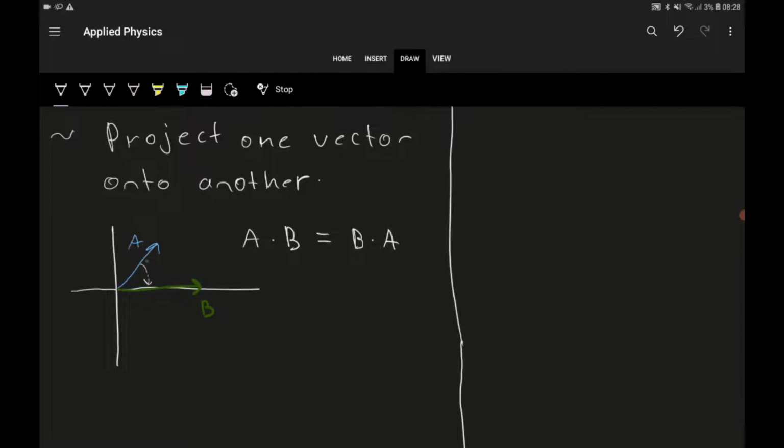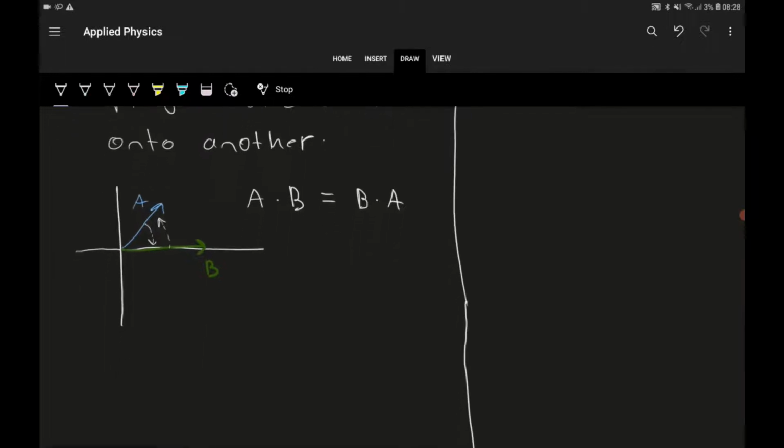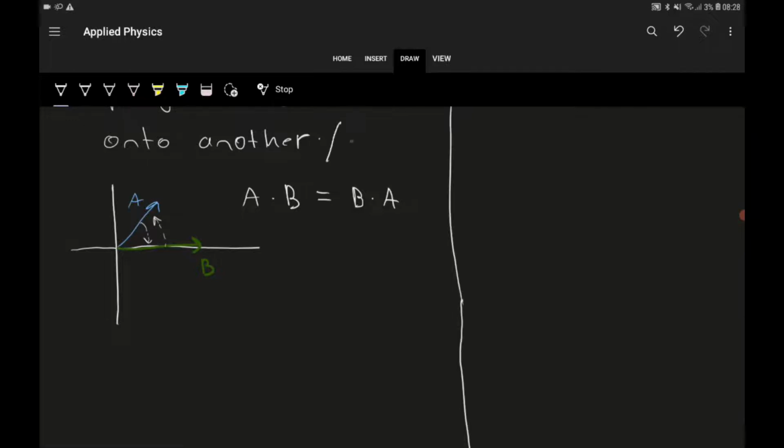How similar is A to B or B to A? The answer will be the same. We can define this as how similar two vectors are.